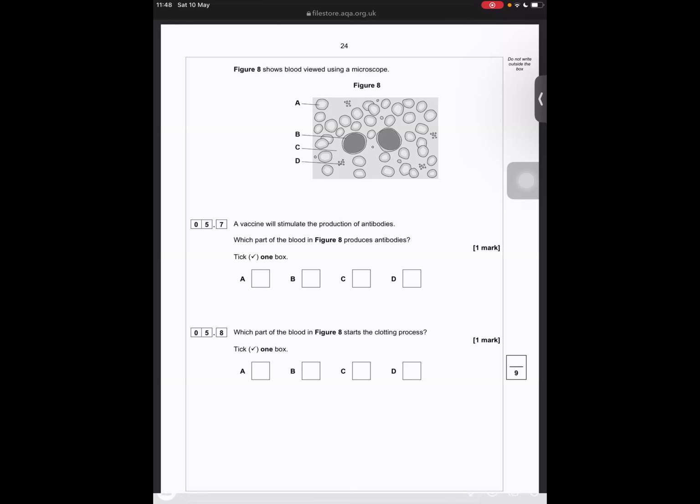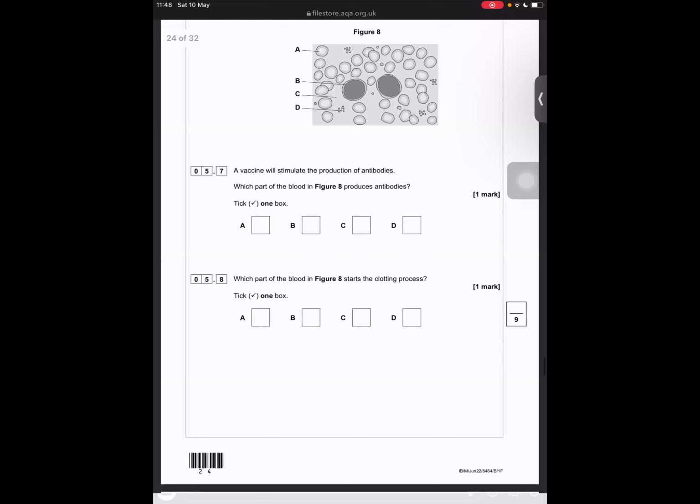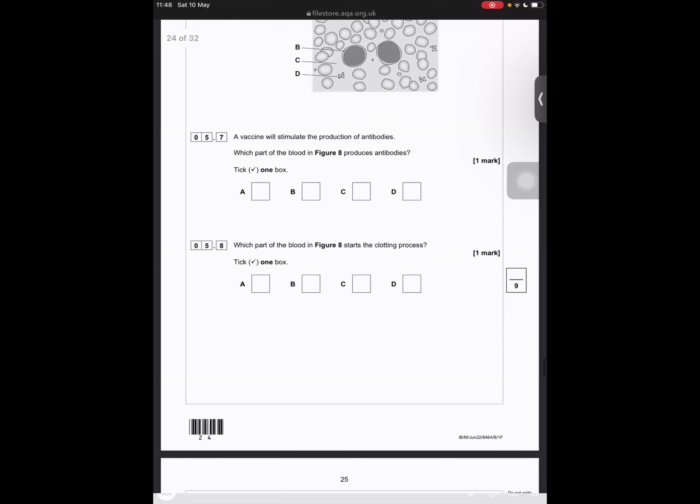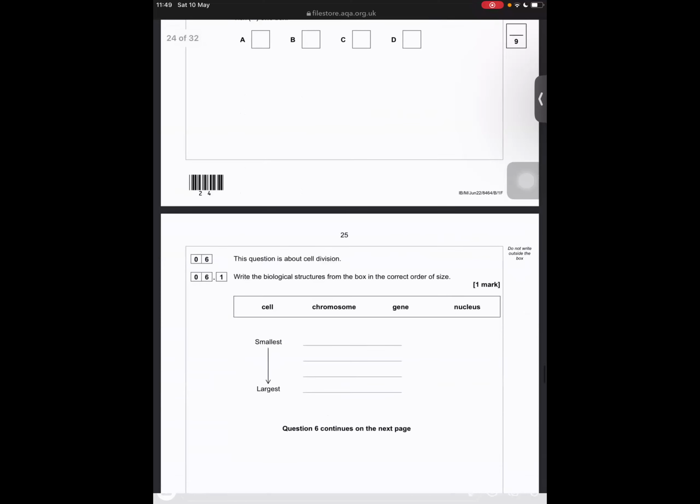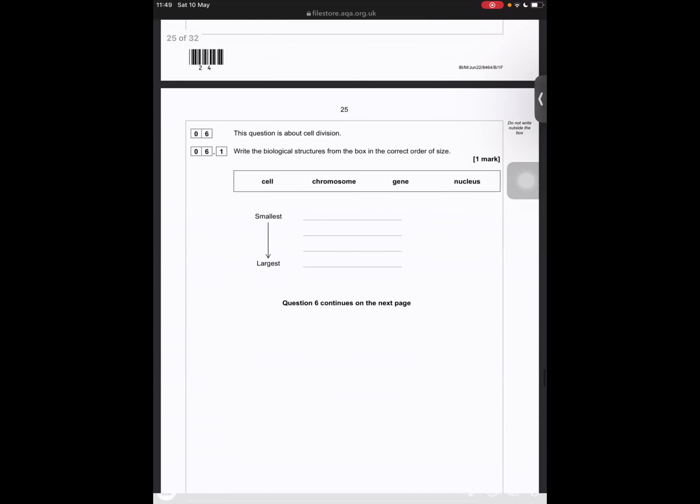So if B refers to white blood cells, let's take a chance that A would be red blood cells. Is that right, that A starts the clotting process? Yes. Okay, that was a tricky one.